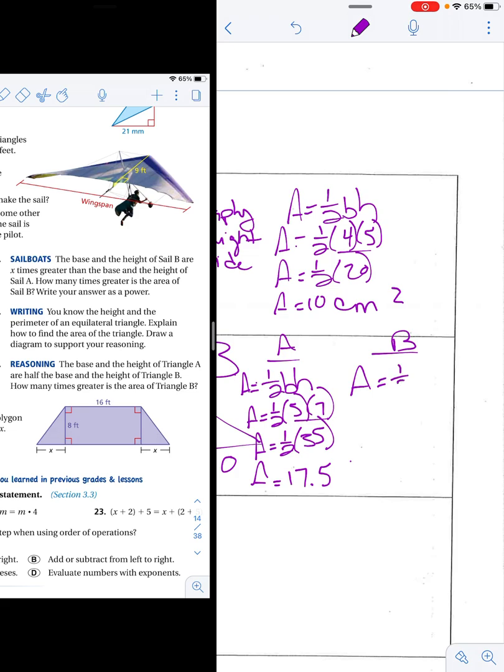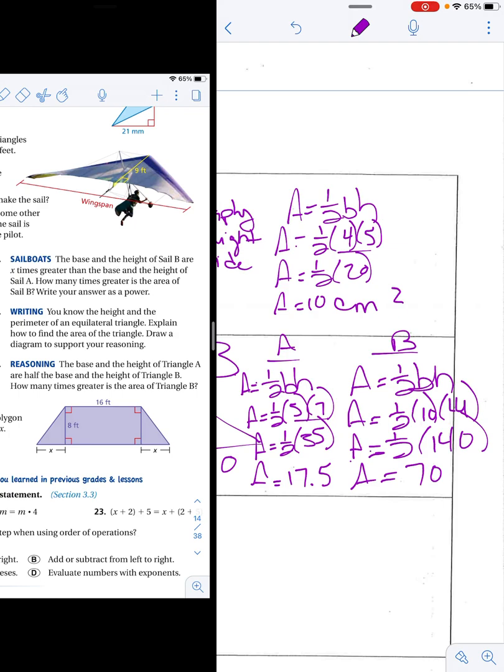Triangle B formula. The area of triangle B, the base was 10 and the height was 14. So half of 140 is 70 units squared.